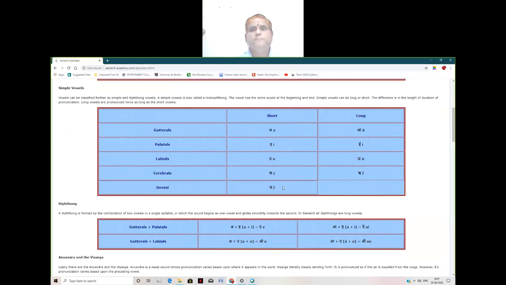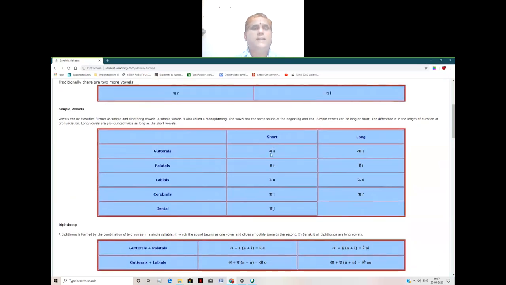Short letters are pronounced with 1 second, long letters with 2 seconds. In Sanskrit, we call short letters Hrasva Matra and long letters Dirgha Matra.